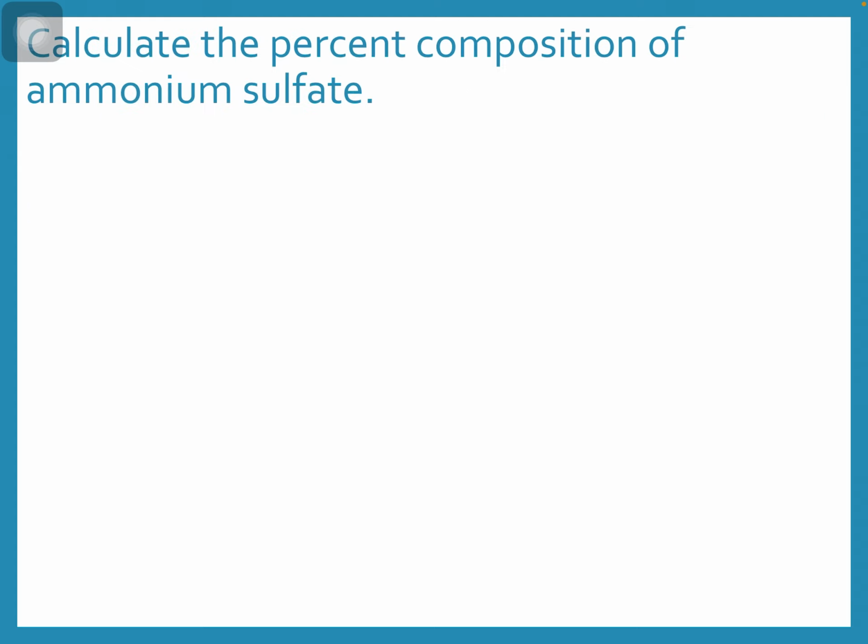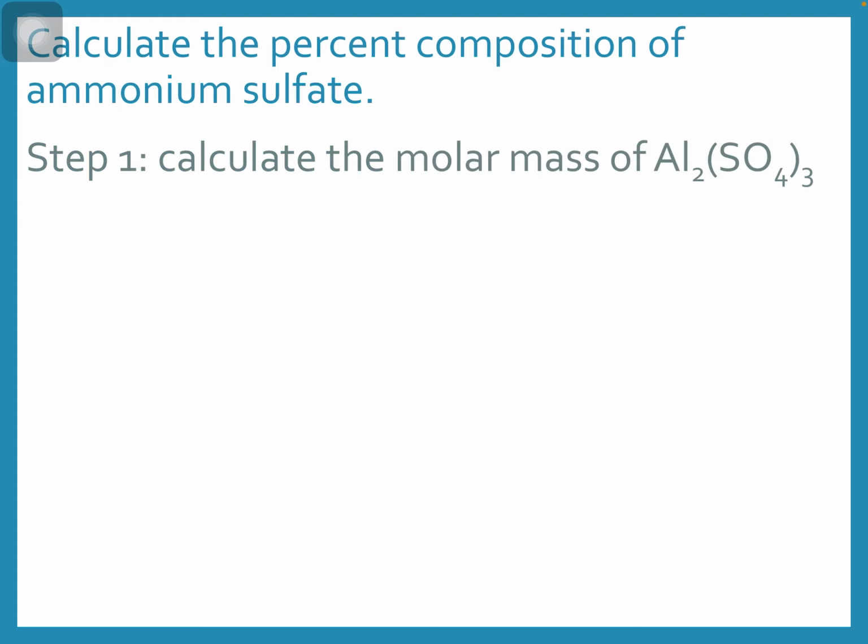Okay, calculate percent composition of aluminum sulfate. The first thing we're going to do is calculate the molar mass. Here we're not given actual masses, but we can use the molar masses from the periodic table. The first thing I'm going to do is look at the different elements I have. So I have aluminum, sulfur, and oxygen. I have 2 atoms of aluminum for every molecule of aluminum sulfate, and aluminum is 26.98.